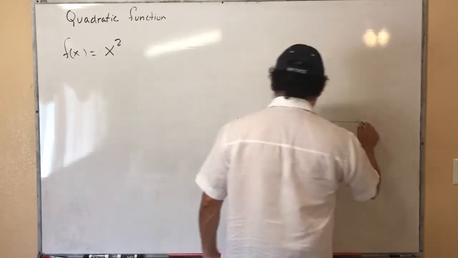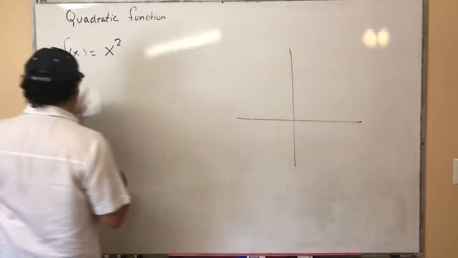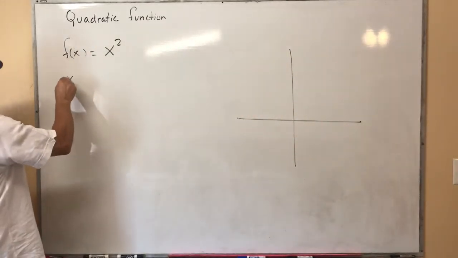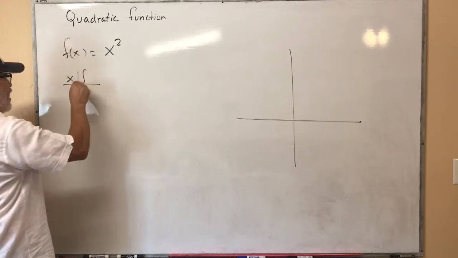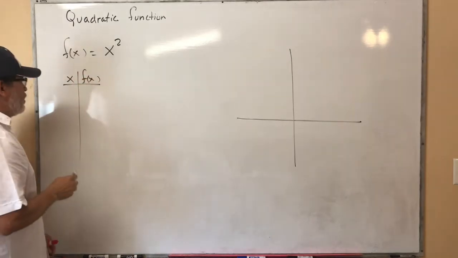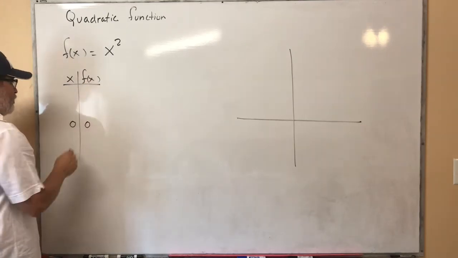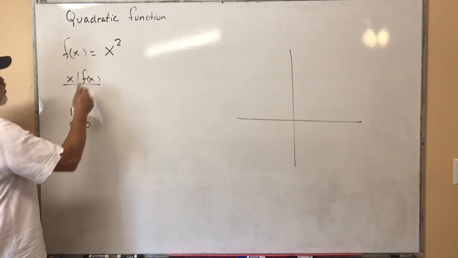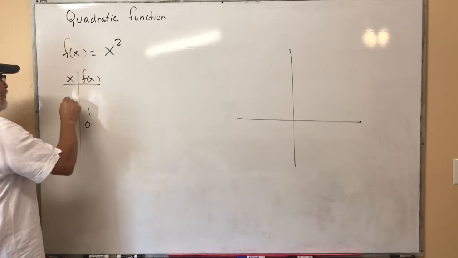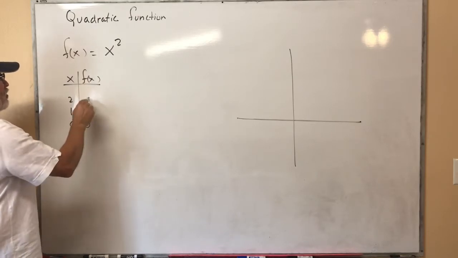So here we go. Here's x, and then we have f of x, okay? If x is 0, what's 0 squared? 0. If x is 1, what's 1 squared? 1. If x is 2, what's 2 squared? 4.